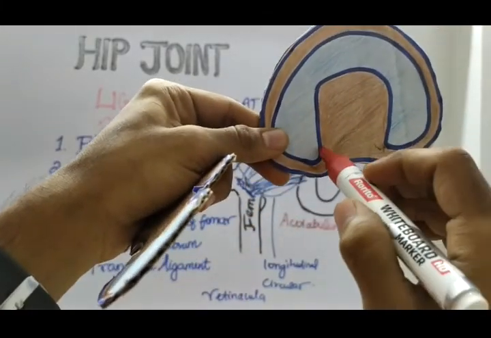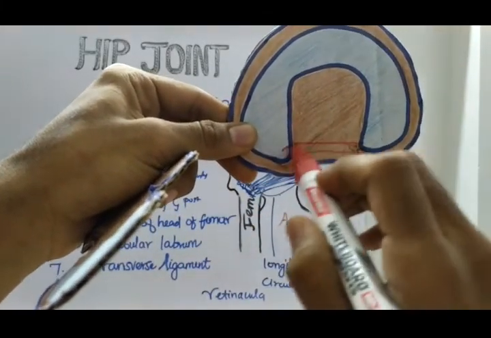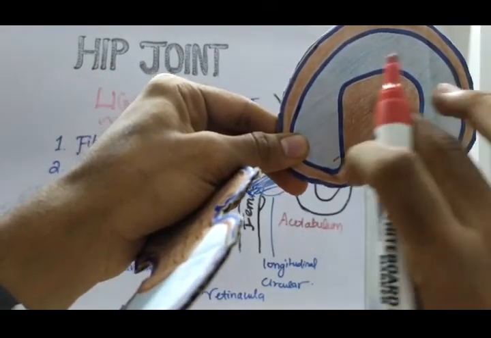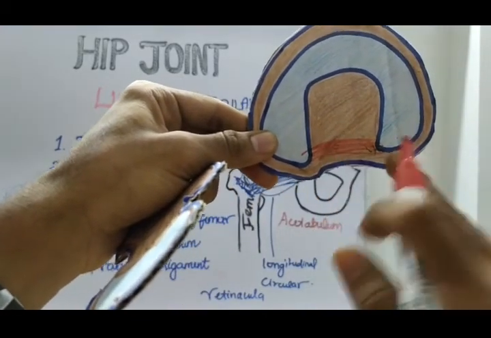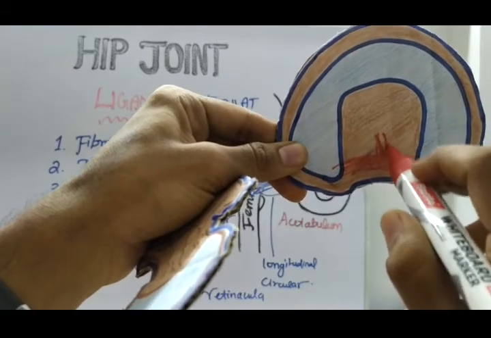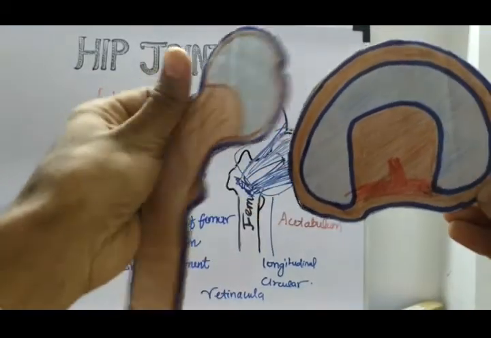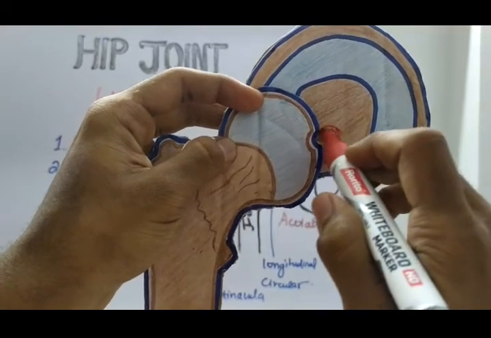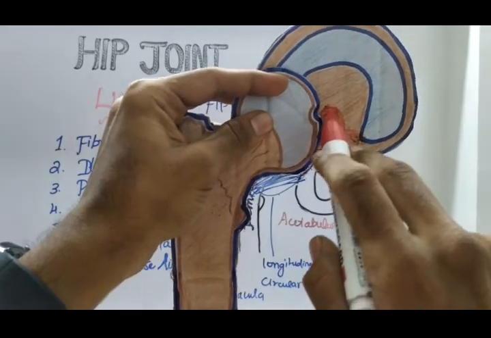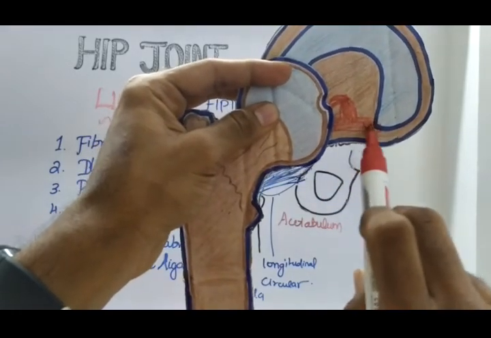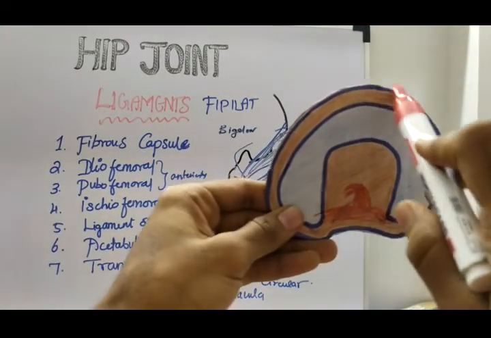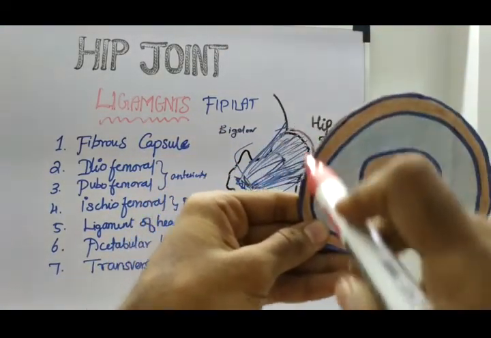The transverse ligament will be like this, bridging the acetabular notch and forming the acetabular fossa. Here is the transverse ligament, and from here the ligament of head of femur comes and attaches here in the fovea. This is the ligament of head of femur and this is the transverse ligament, and surrounding the acetabulum you will have the acetabular labrum.